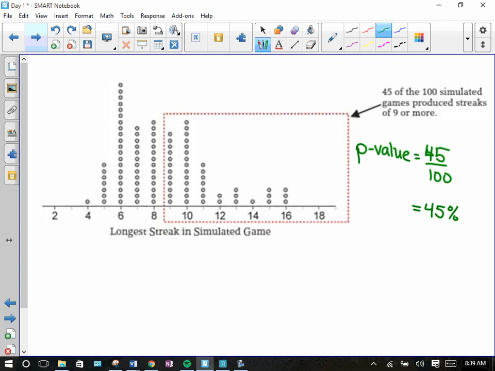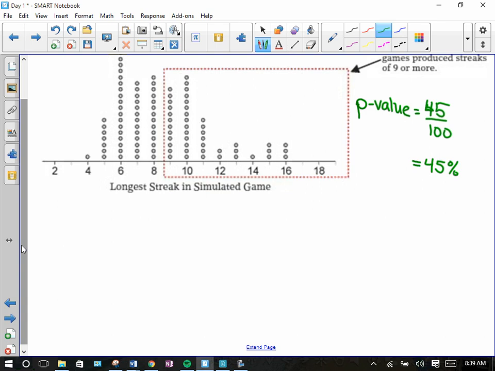Okay, so we draw our conclusion the same way. If our p-value is 45%, what would our conclusion be? Is it less than 1%? No. Is it between 1 and 5%? No. So it's greater than 5%. If our p-value is greater than 5%, does anyone remember what our conclusion is?